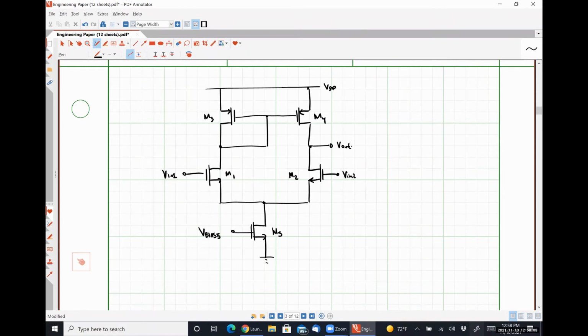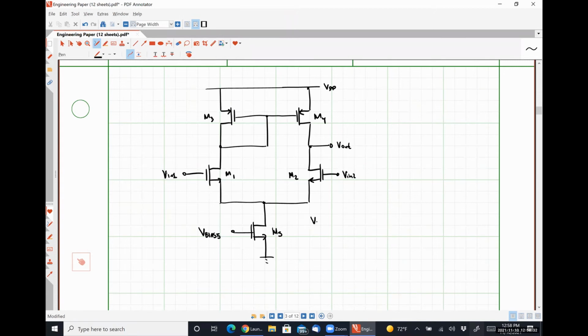So if we want to make this circuit behave effectively identically or as close to identically as possible to our previous circuit, what are the constraints that we have control over to make this happen?